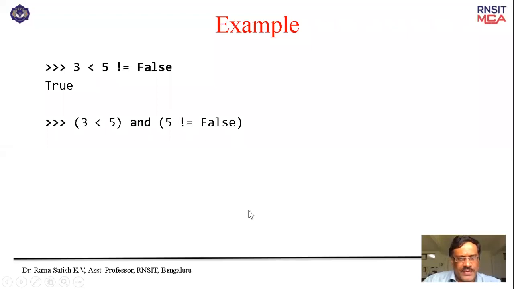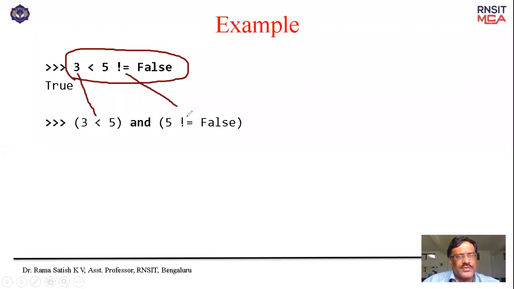Whenever you get this kind of a series of operations, the first part will be executed, later the next part will be executed, and in between it is understood that by default the AND operator is written.